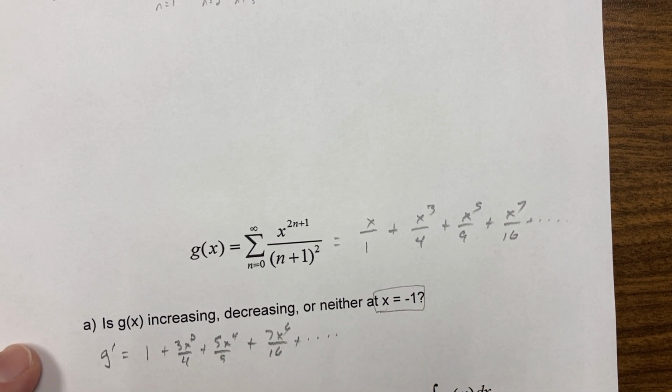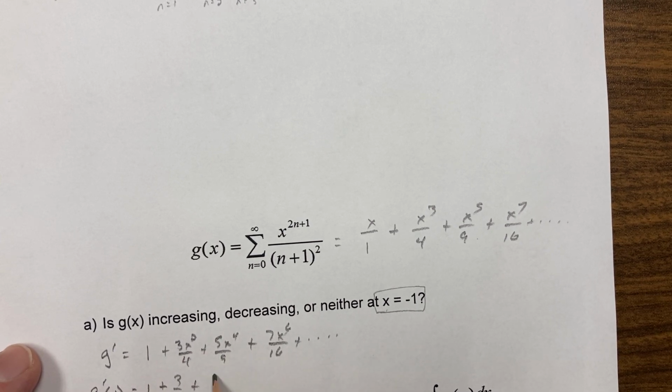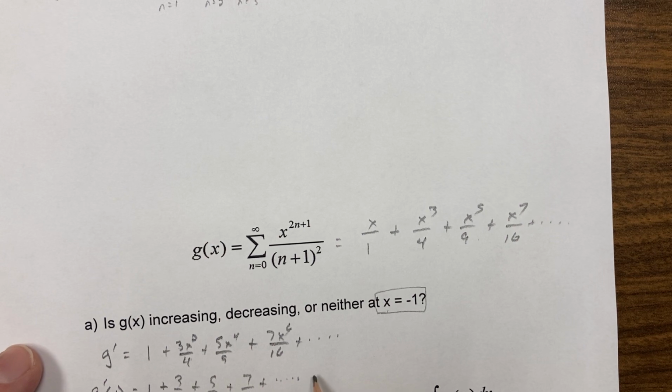So g prime of -1 would be 1 plus 3 times -1 squared over 4. Well, that's 3/4. And then this is going to be 5/9, 7/16 plus dot, dot, dot. Well, that's going to be a positive value, right? There's no way that that could equal a negative. There's no way that could equal 0. And so since my derivative at -1 is positive, g is increasing.